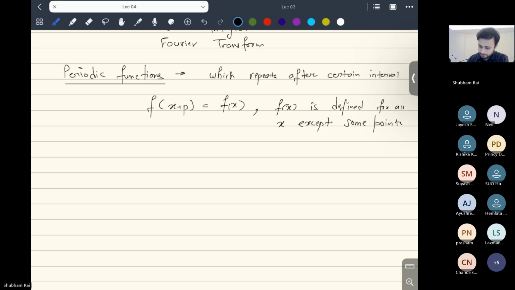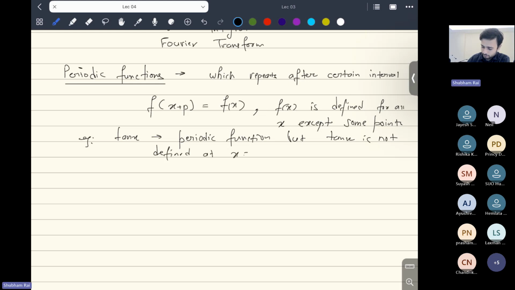So an example is tan x. It is a periodic function. But tan x is not defined at, let's say, x equal to plus minus pi by 2 or plus minus 3 pi by 2 and so on.